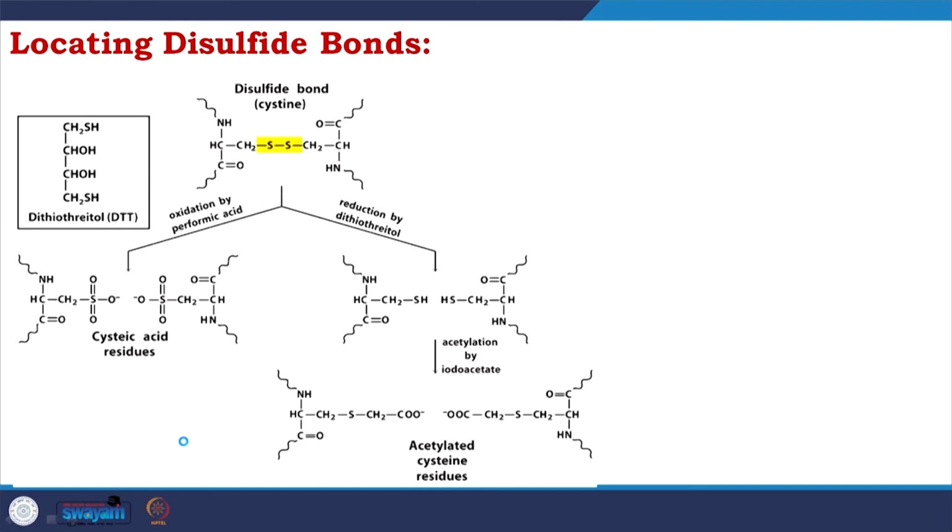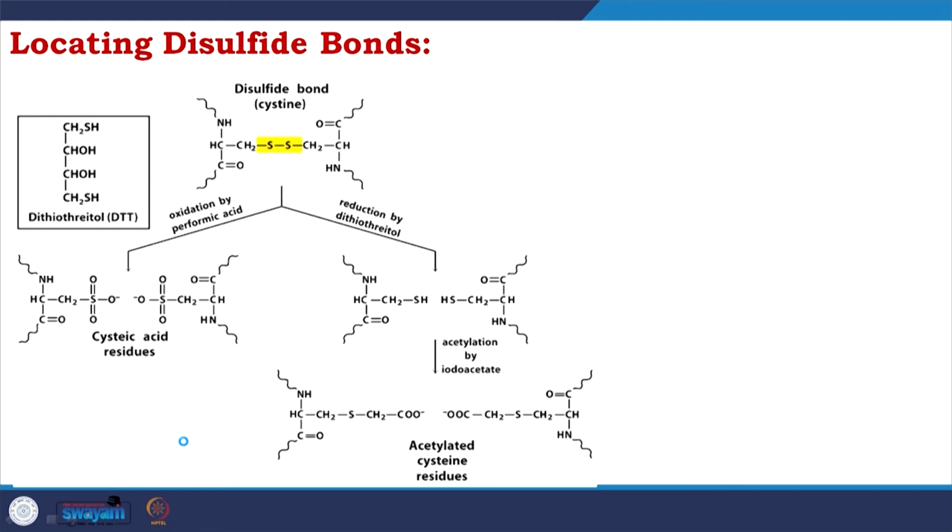How do you locate the disulfide bond? If you have a disulfide bond present, you either do the reduction by adding dithioerythritol or do the oxidation by performic acid. In the case of performic acid, you get cysteic acid residues.